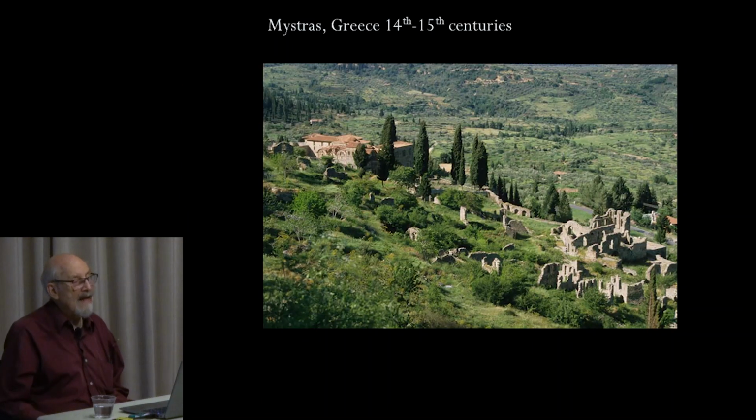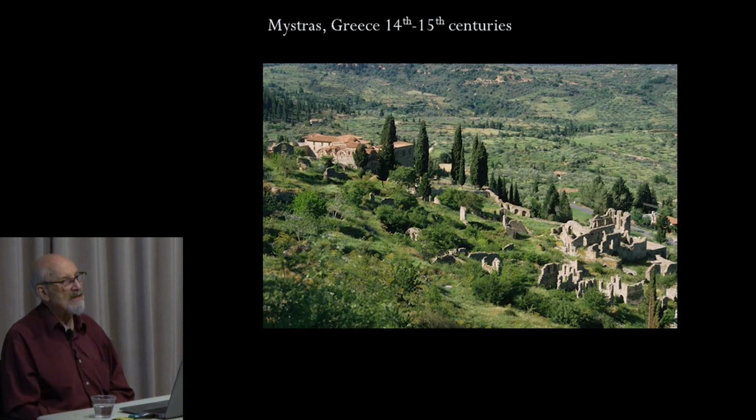And finally, this is a place in Greece. Oh, I have plenty of time. I could have spent longer here. I thought I was running out of time, so I didn't put in more pictures. It's near Sparta in the southern Peloponnese.